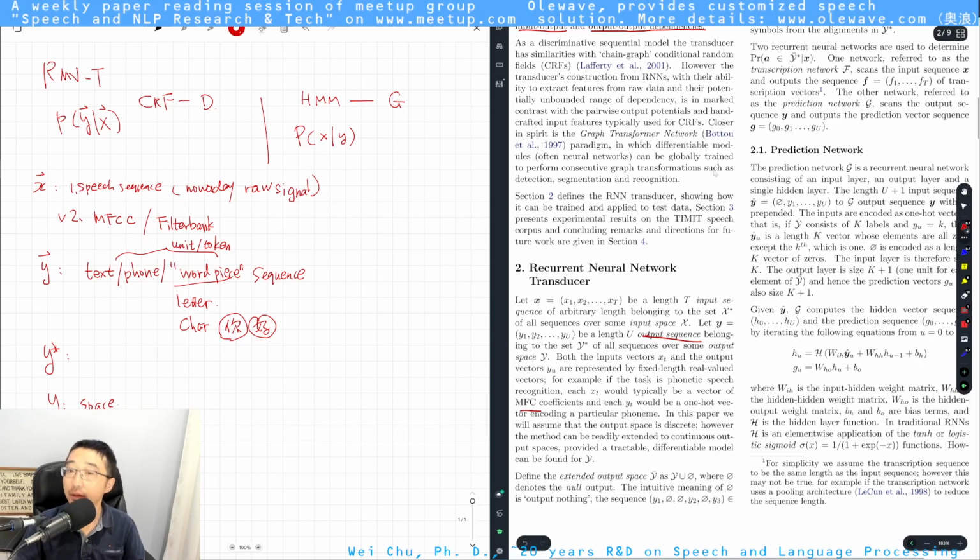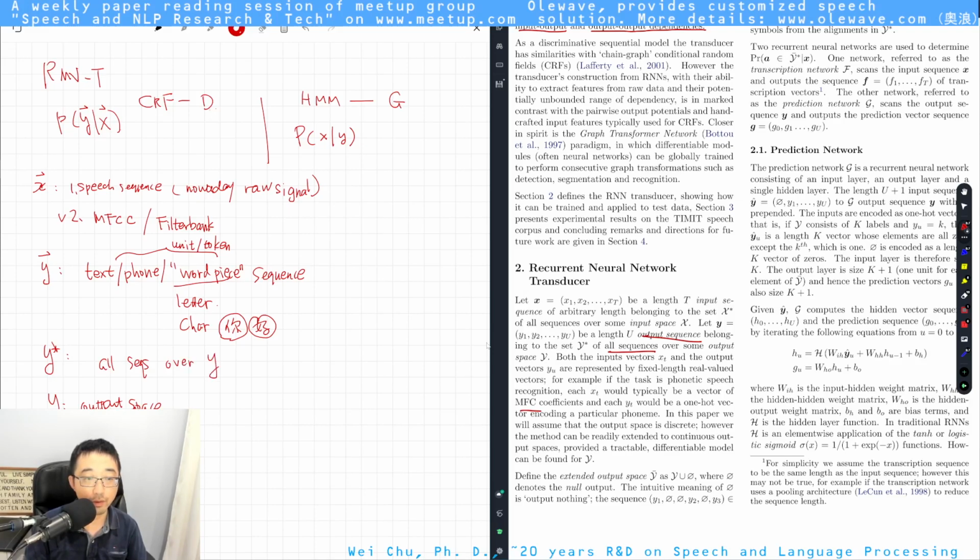Anyway, he called this the output space. It's a space of output. Well, I can only explain up to here. And the y star means the set of all sequences over y.